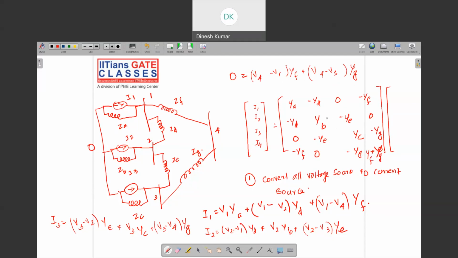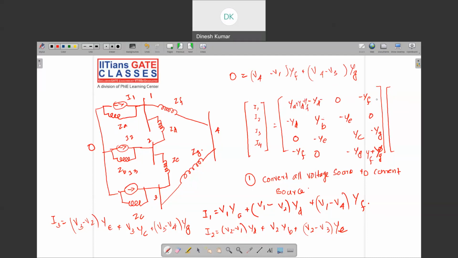So V1 into YA plus YD, plus YF. So you have to write it like this, and other things are also there, so you have to take care of it.